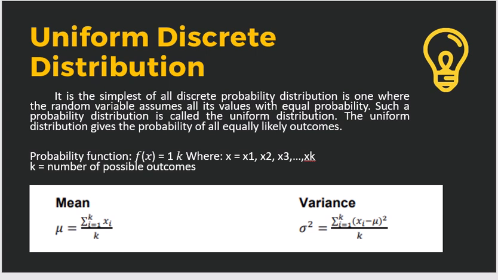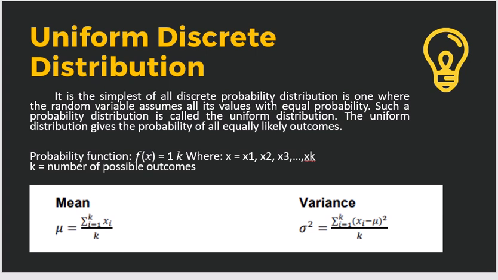If you will notice, we have the given formulas for the mean and variance, and we have the probability function. The function of x is equal to 1 over k, where k is the number of possible outcomes, and x is equivalent to the number of the sample population.